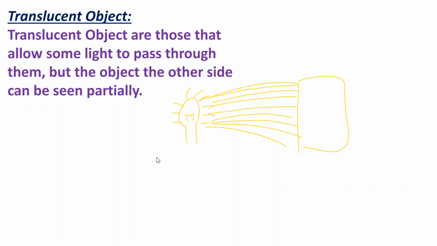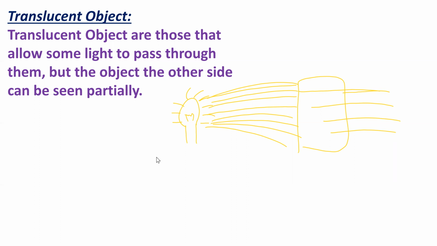Out of those 10 rays, only 4 to 5 rays get transmitted. Only a small amount of light can be transferred through that object. That object is called a translucent object.